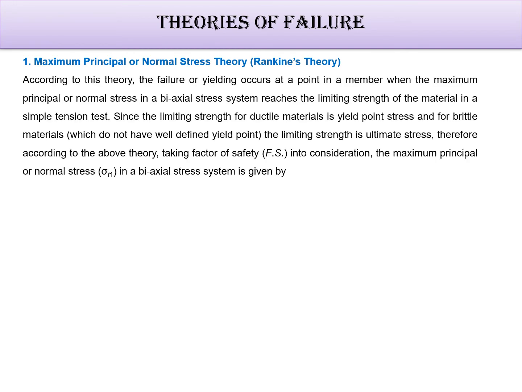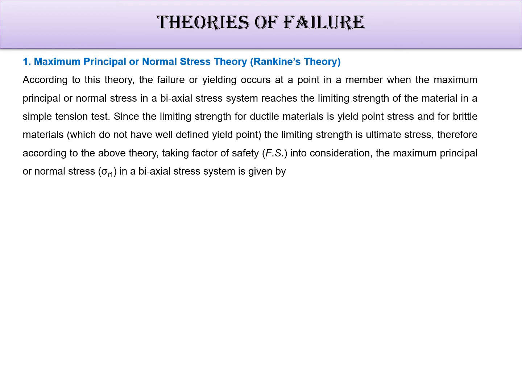According to this theory, failure or yielding occurs at a point in a member when the maximum principal or normal stress in a biaxial stress system reaches the limiting strength of the material in a simple tensile test.